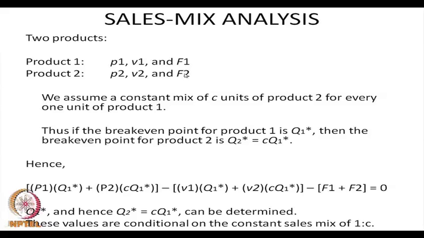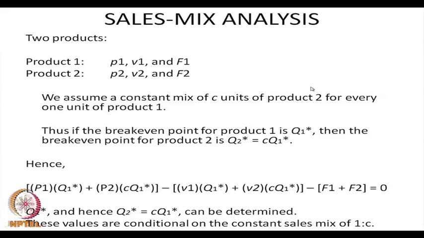The assumption is that there is a constant mix of C units of product 2 for every 1 unit of product 1. This is an assumption that says that the ratio of production, at whatever level they produce, is constant.